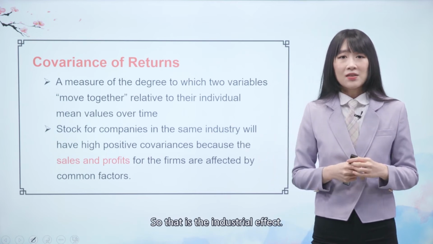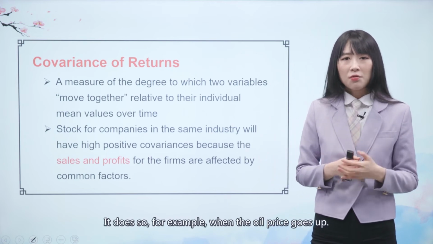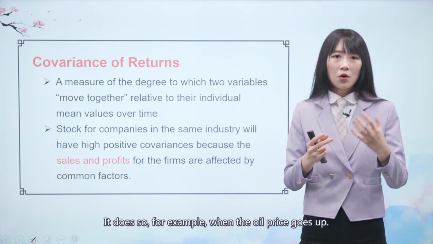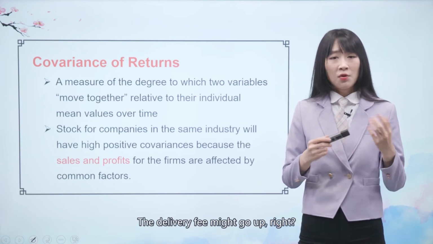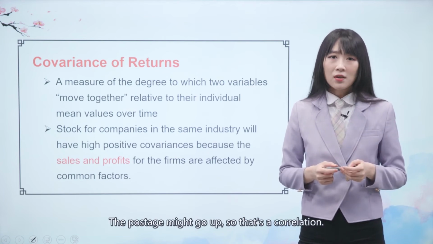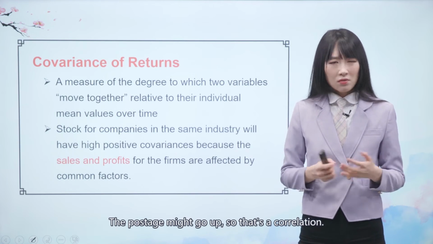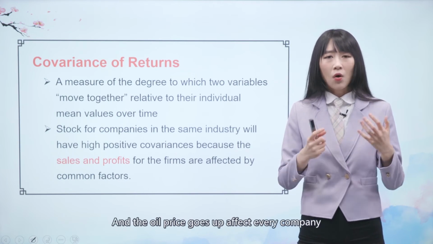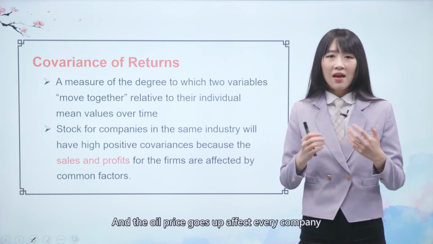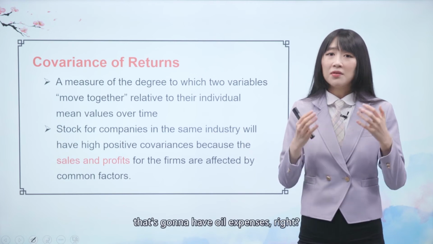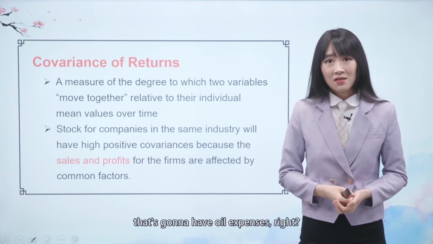For example, when the oil price goes up, the delivery fee might go up, right? The postage might go up. So that's a correlation. And the oil price going up affects every company that has, let's say, oil expenses, right?